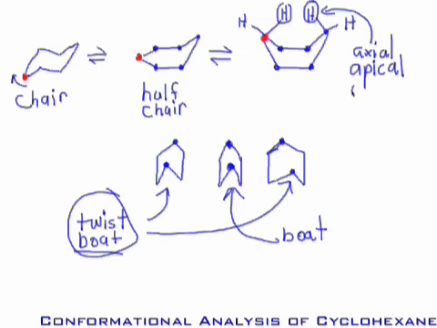I know flags are not usually flown on the bow, but flagpole H's. They get in close proximity and there's a lot of repulsion. While they're twisted, they're a bit away from each other, but when you get to the full boat, they line up. This raises the energy of the boat, not as high as the half chair, because in the boat we can get to better angles of 109.5, but there is some torsional strain. So it's not as high as half chair, but it's certainly higher than a twist boat.